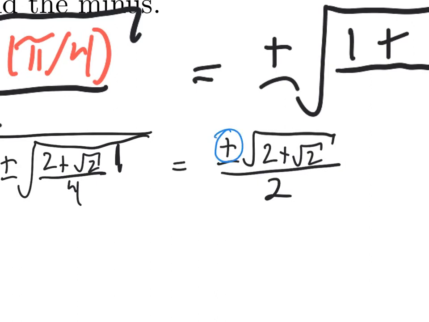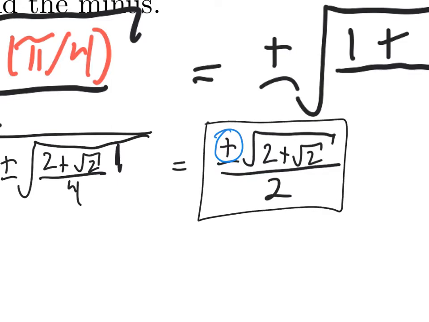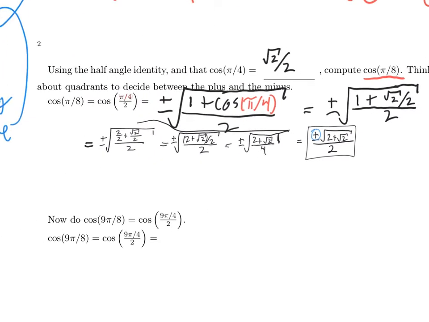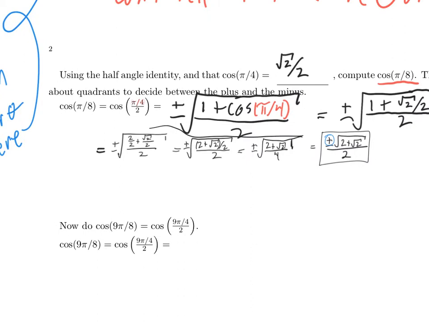So I should make the positive choice. There's the cosine of pi over 8. And hopefully that's familiar. If you remember from a while ago, we stated what the trig functions at pi over 8 were without proof. Here is the proof. That's why the cosine of pi over 8 is equal to that.